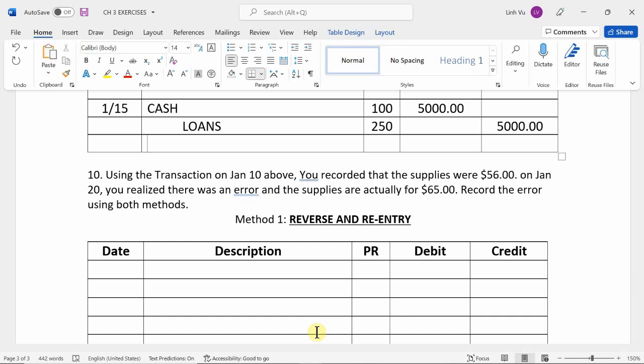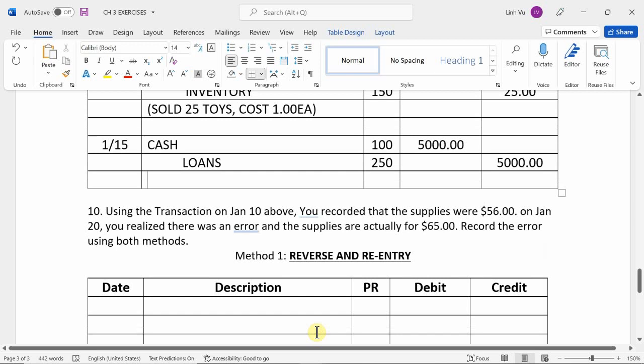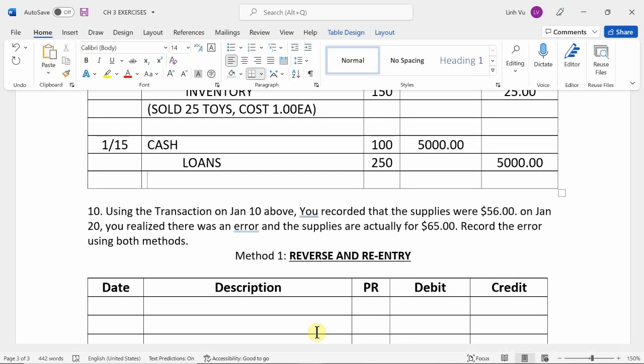All right, so let's finish up the next couple of minutes here. Number 10: using the transaction on January 10 from above, you recorded that the supplies were $56. On January 20th, you realize there was an error, that the supplies were actually $65. So now we need to record this error using both methods.